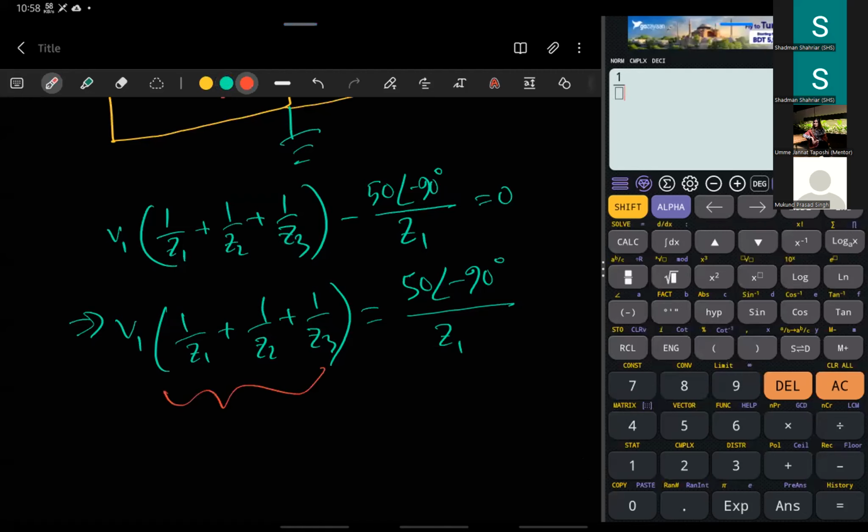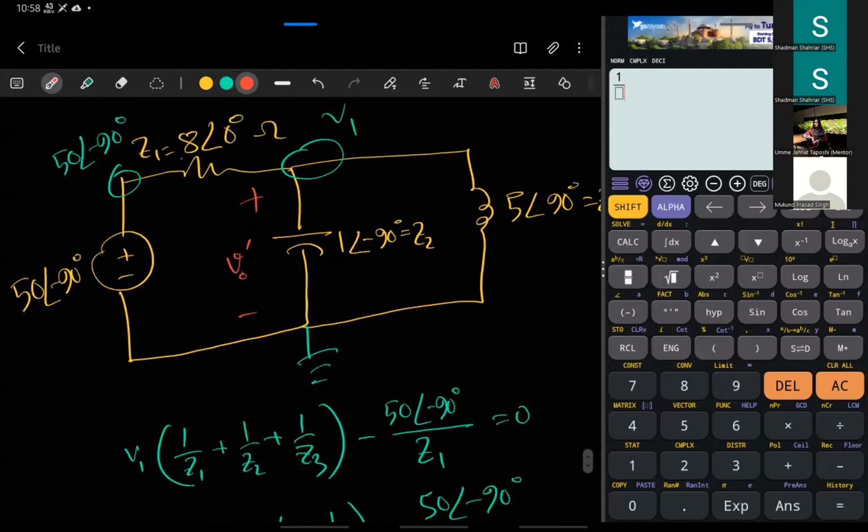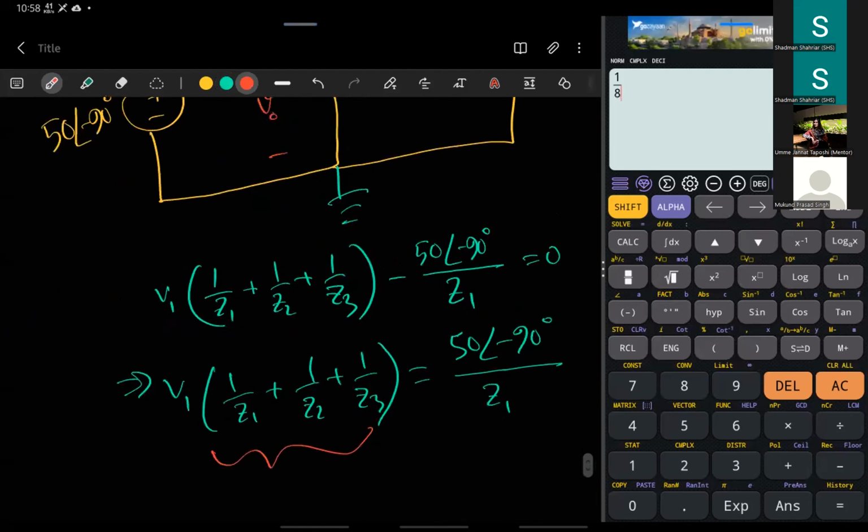Let's calculate the value of 1 by Z1, 1 by Z2, and 1 by Z3. So I'm going to write 1 divided by Z1. What's the value of Z1? Z1 was 8 angle 0 degree, which means just 8. It's fine if you write it like this, or you can write 8 angle 0 as well. Plus 1 over Z2. What is Z2? Z2 is 1 angle minus 90 degree.